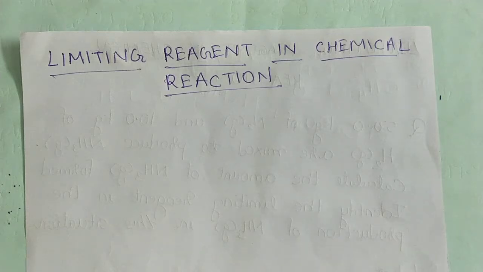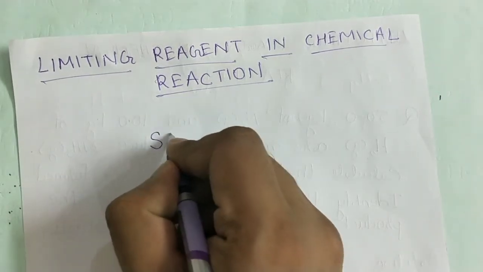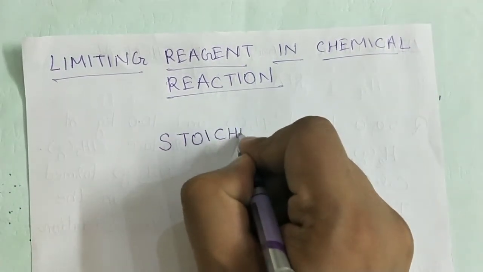In the previous video lecture, I discussed how to balance chemical reactions. This process, which I described in the previous video, where we establish a quantitative relationship between the reactants involved in a chemical reaction and the products formed after the chemical reaction, is known as stoichiometry.